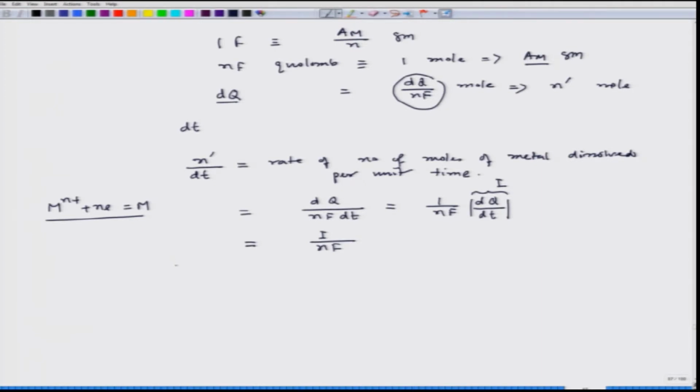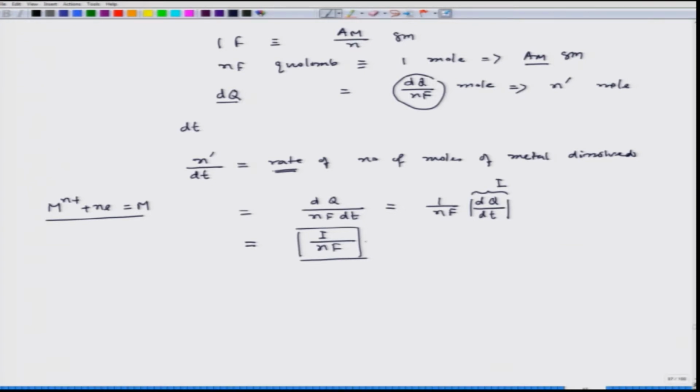Now, this says the rate of number of moles of metal dissolved, and I do not have to mention per unit time, because when I am using this rate, time is taken care of.